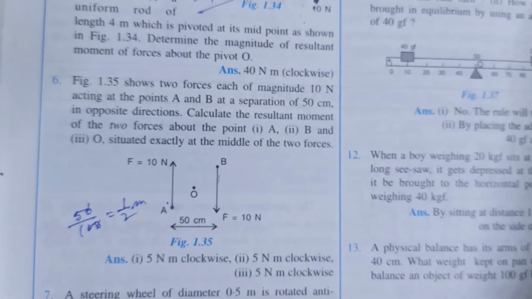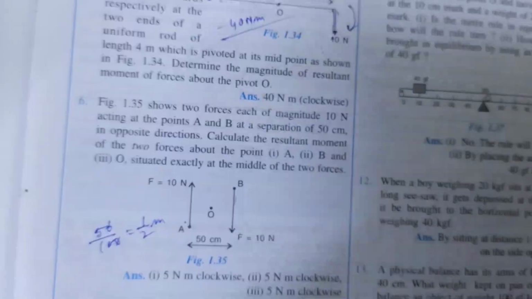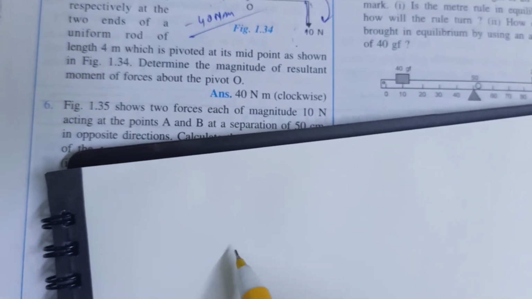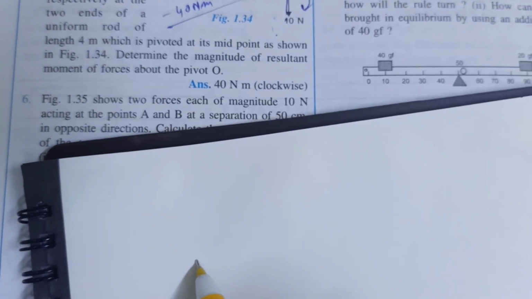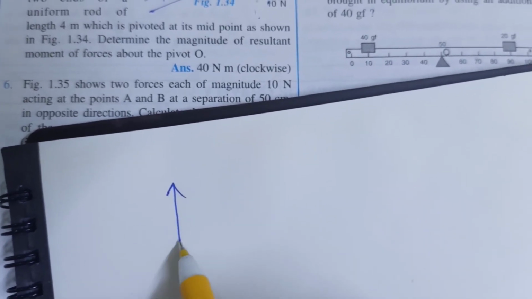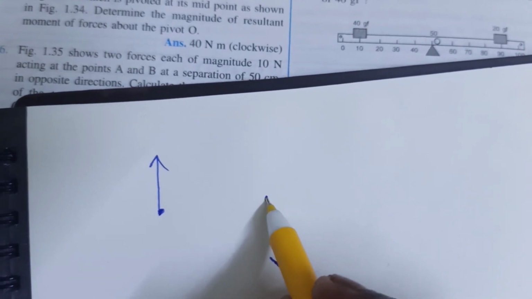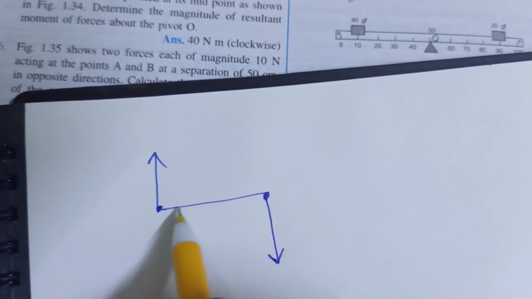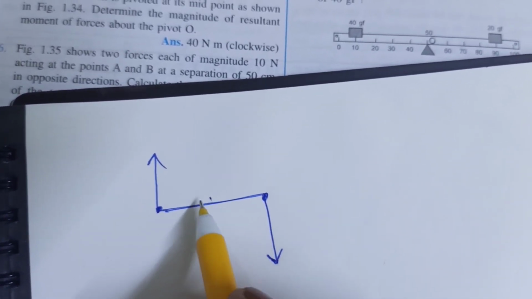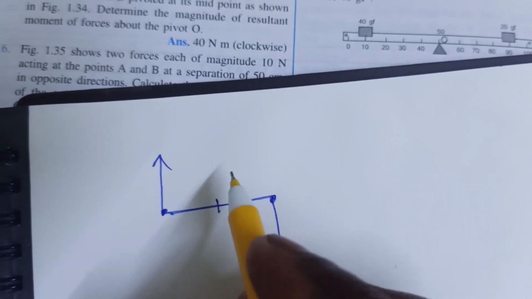So if we draw it like that, suppose two forces act here, and here. This is the line of action of the force, and this is the particular distance. The total distance is half a meter, 50 centimeters.